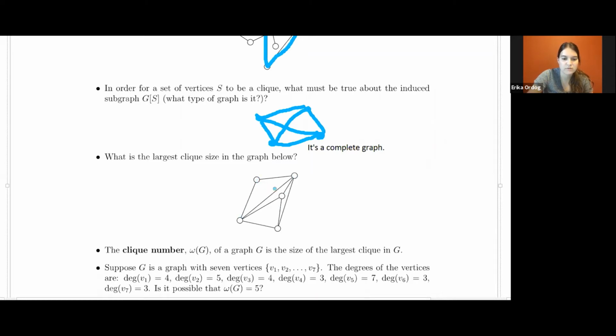We have this group of 3 vertices, and they're all adjacent to each other. Is there anything bigger? Yes, in fact, if you look at this part of the graph right here, each pair of vertices is connected by an edge. If you think about pulling this vertex out to the side here, you'll recognize it as K4, what we drew right up here.